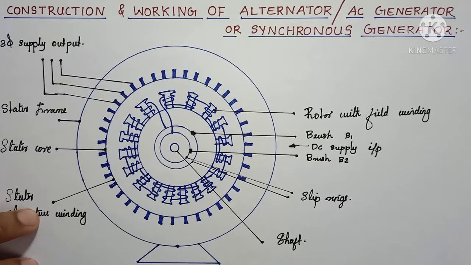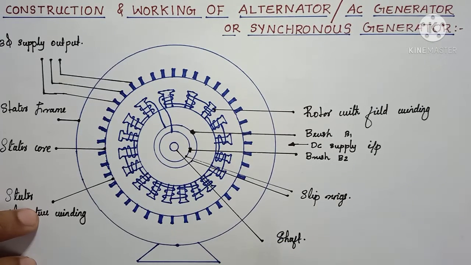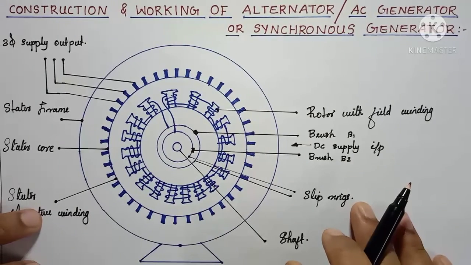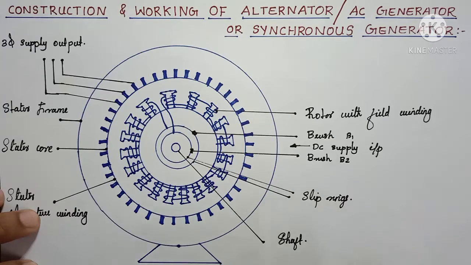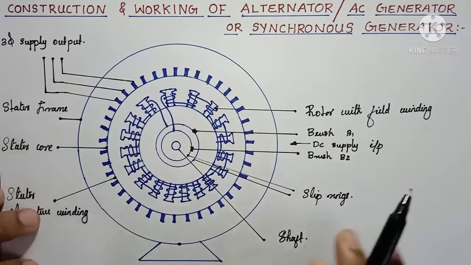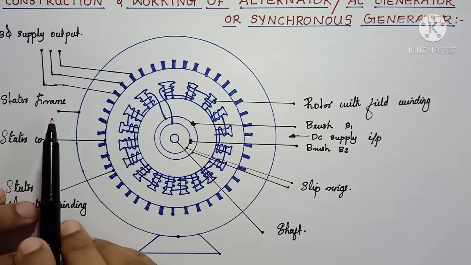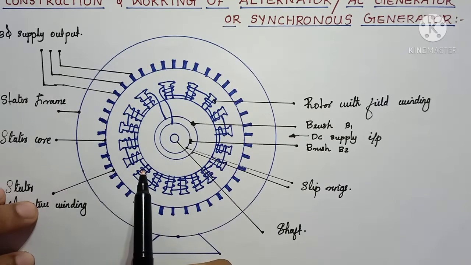Before going to the working principle, we can discuss its construction. Constructionally there must be a stator section and a rotor section. The stator section includes the stator frame, which is the outermost body of the alternator.